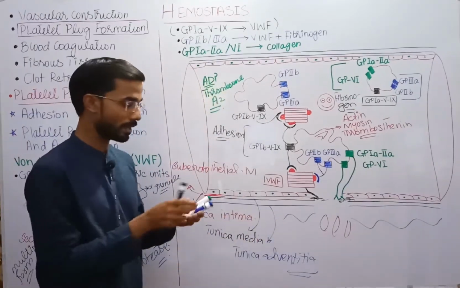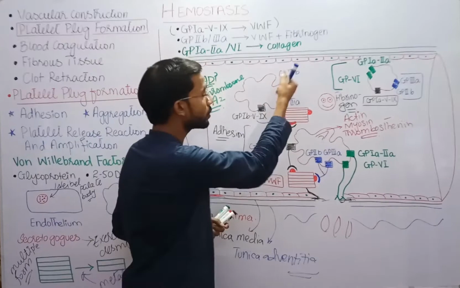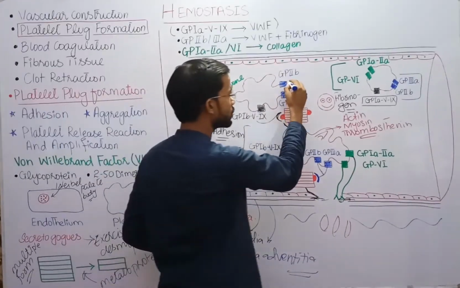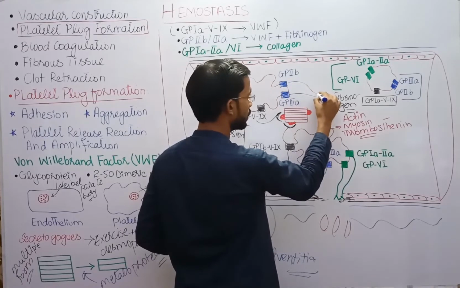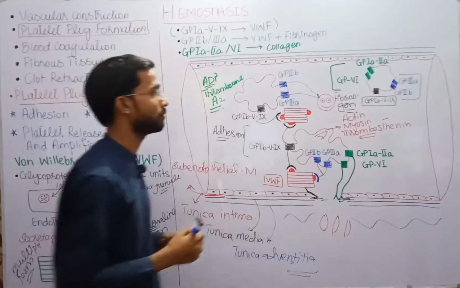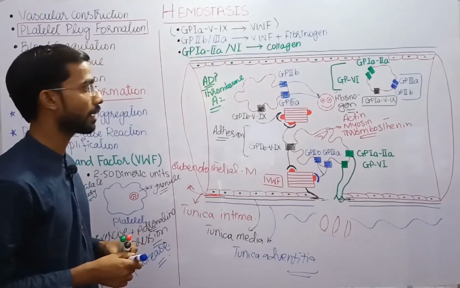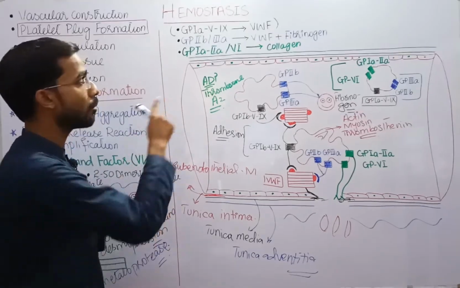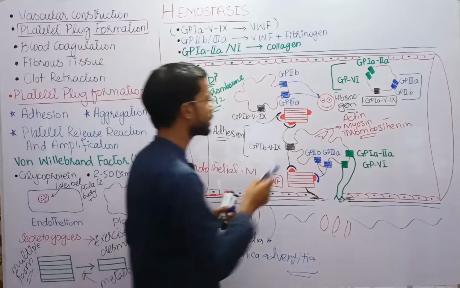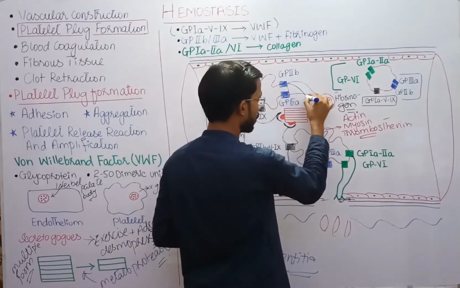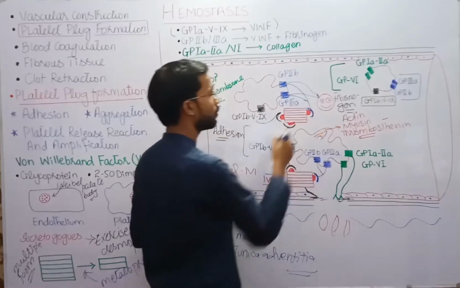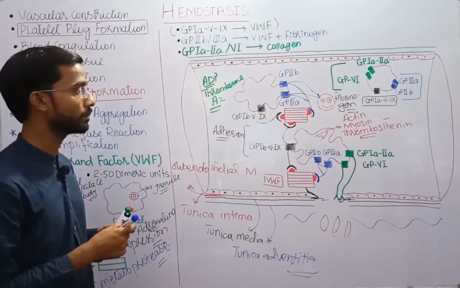And the glycoprotein 2B and 3A complex now attach with this protein, fibrinogen, right? Or this same complex can also attach with the von Willebrand factor, right?